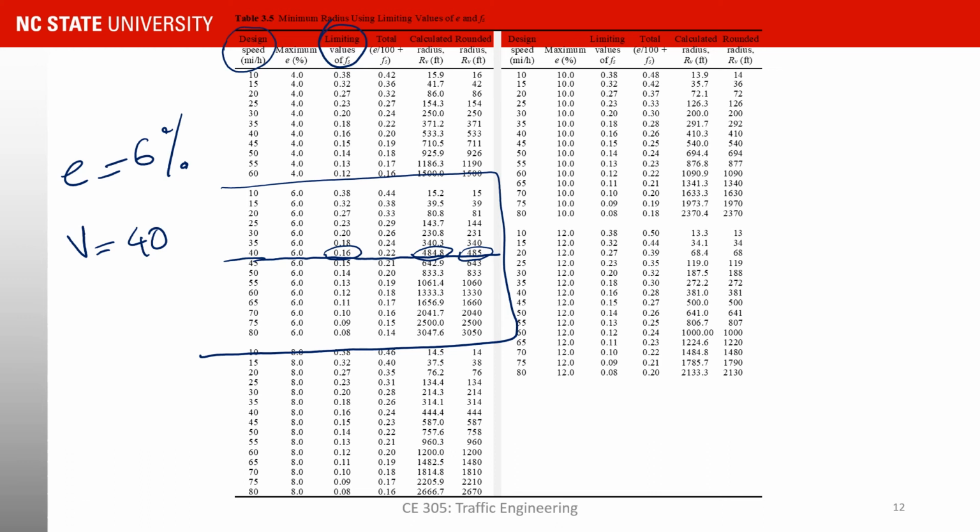So rather than the need to go through the equation, pretty much if you know your speed and your super elevation, this table is going to tell you what is the appropriate f sub s and what is going to be the calculated and the design value for the radius or r sub v. And it does that for 4, 6, 8, 10, and 12% super elevations.